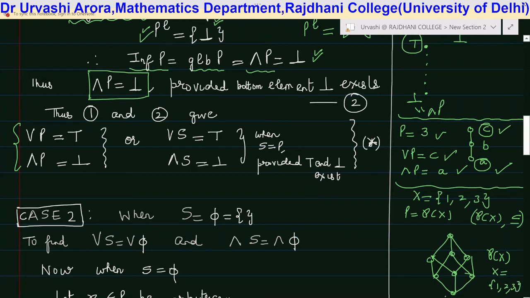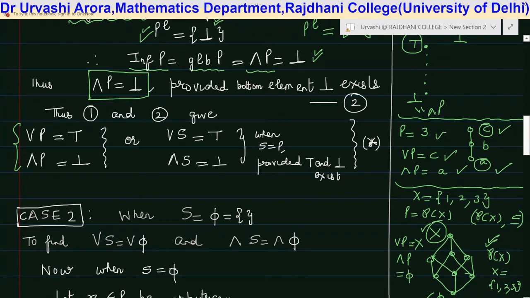And we see that at the bottom we have the empty set phi, and at the top we have the whole set X. Just because the Hasse diagram of the power set of X has a bottom element and a top element, this means that the join of P will exist and the meet of P will exist, and the join of P will be given by the top element, which is X, and the meet of P will be given by the bottom element, which is phi.